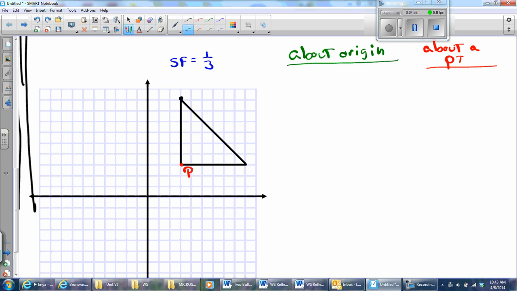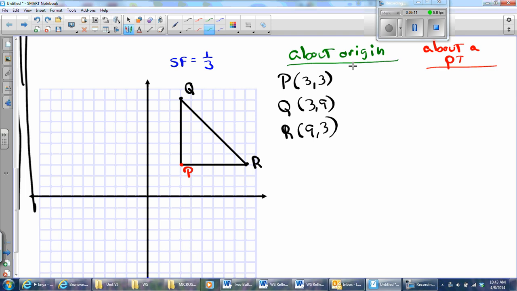So first I need my coordinates. I got P, Q, and R. So point P is at 3, 3, I believe. Point Q is at 3, 9. And point R is at 9, 3.